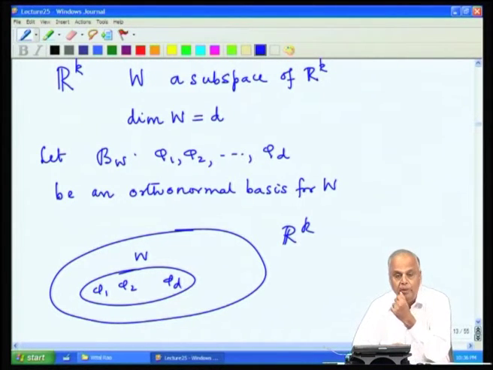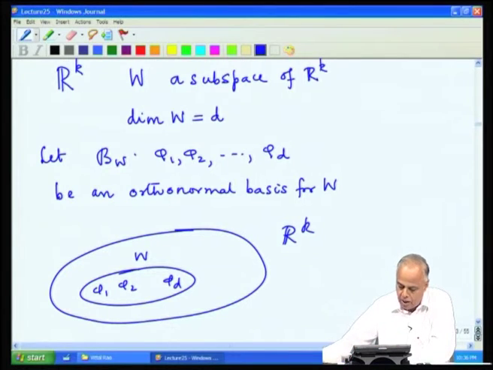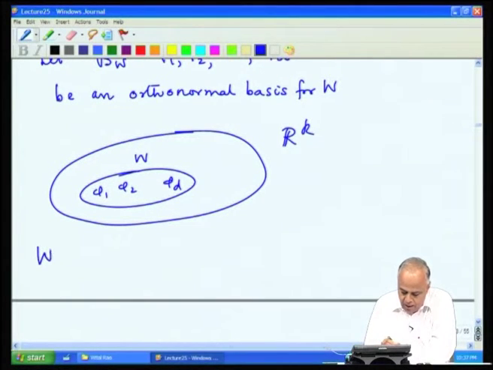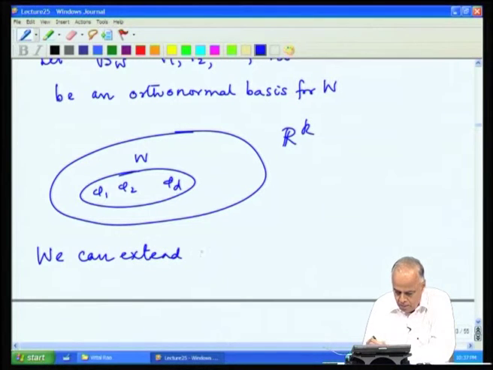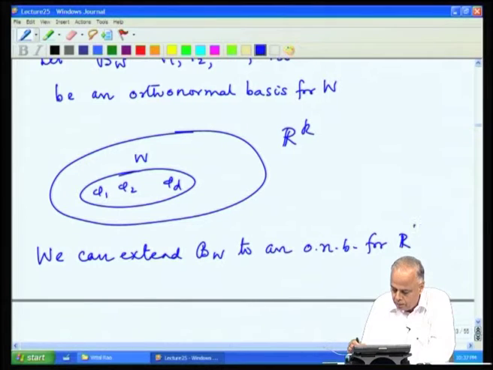Now, since phi 1, phi 2, phi d is an orthonormal set, we have seen that any orthonormal set in R k can be extended to an orthonormal basis in R k. So, we can extend B W to an orthonormal basis for R k.